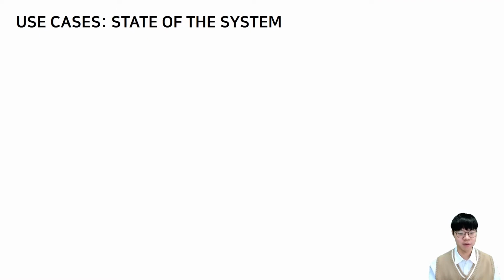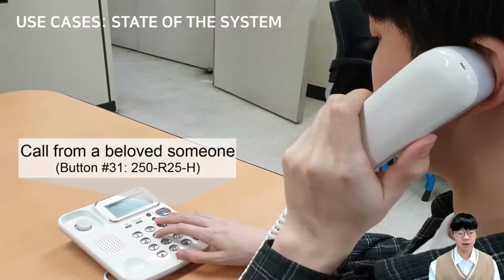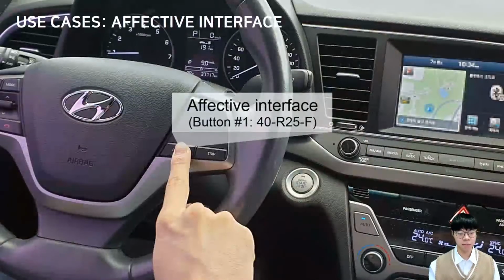For electronic devices, augmented buttons can present the state of the system by providing different key press feedback according to the state. For instance, the feedback can be soft, smooth, and bright for a call from a beloved someone. Also, because touch is a very effective modality for our affective interfaces, we can customize button click sensation for each driver in a car.